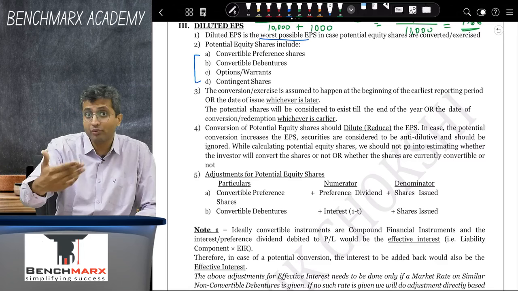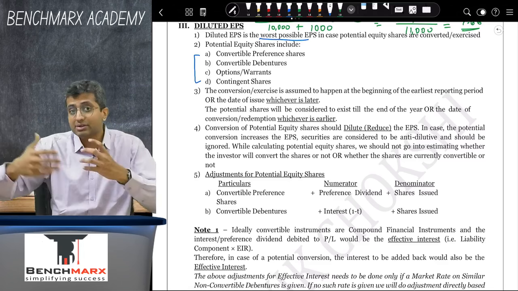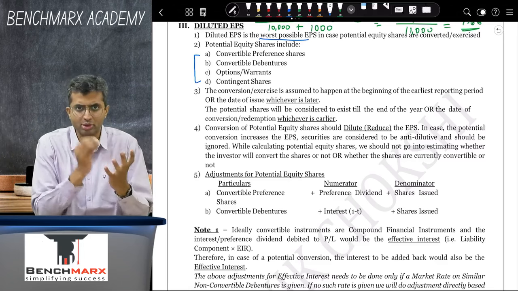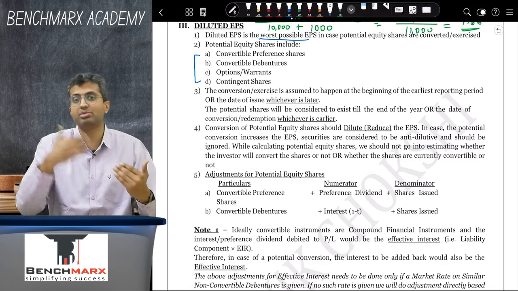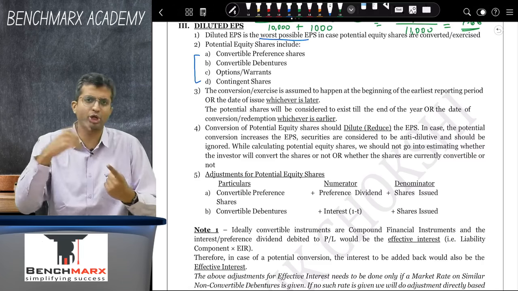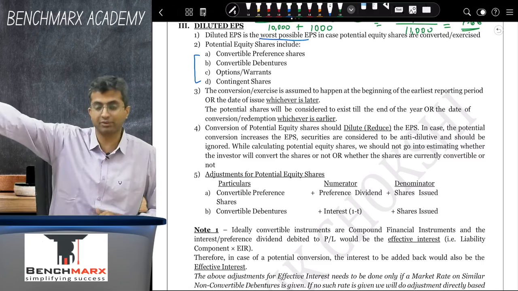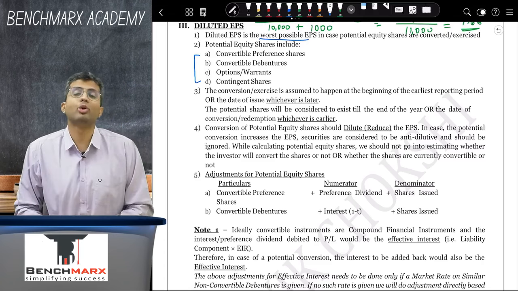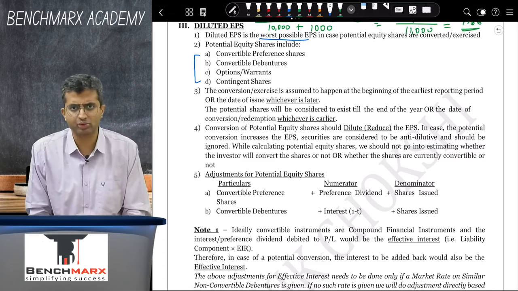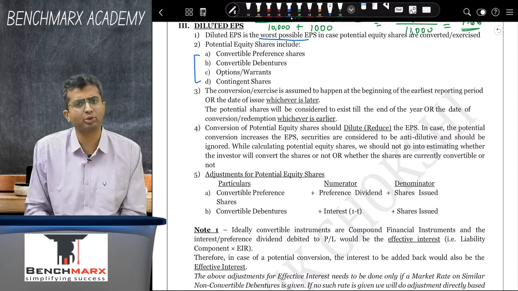Typically that is a ratio which is for a maximum number of shares. So if you have one bond which can be converted into 135 or 120 or 110, then we'll say 135 should be taken because that results in the maximum number of shares and hence the lowest possible EPS. So the maximum dilution. This is something that you have to remember.